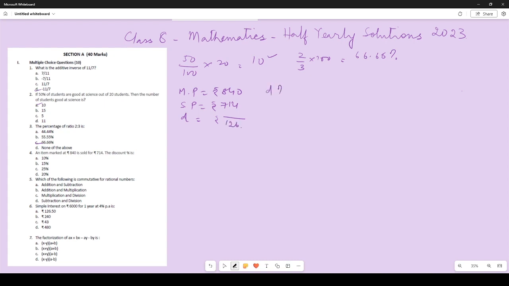Now for the discount percent, the formula that you use is discount by marked price into 100, and then you write 126 by 840 into 100, and when you cancel it out, you get the answer as 15%. So B option will be your correct answer.